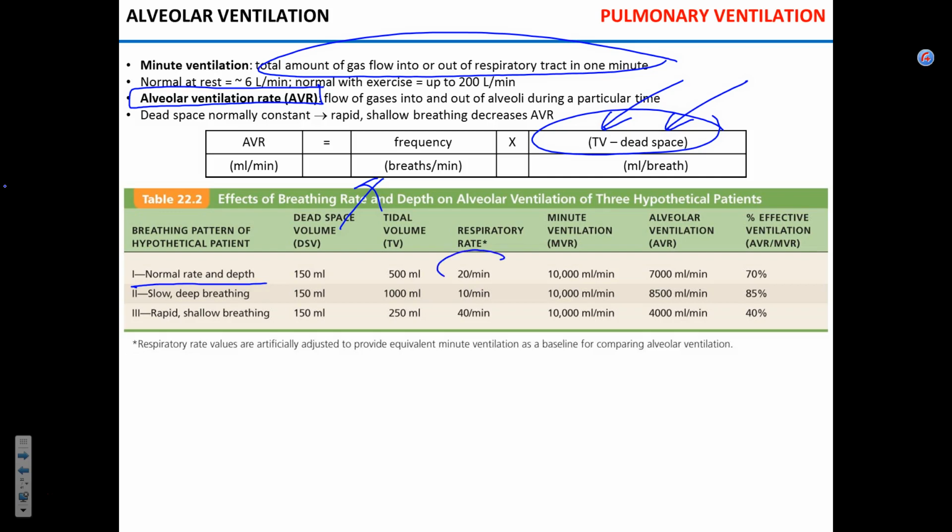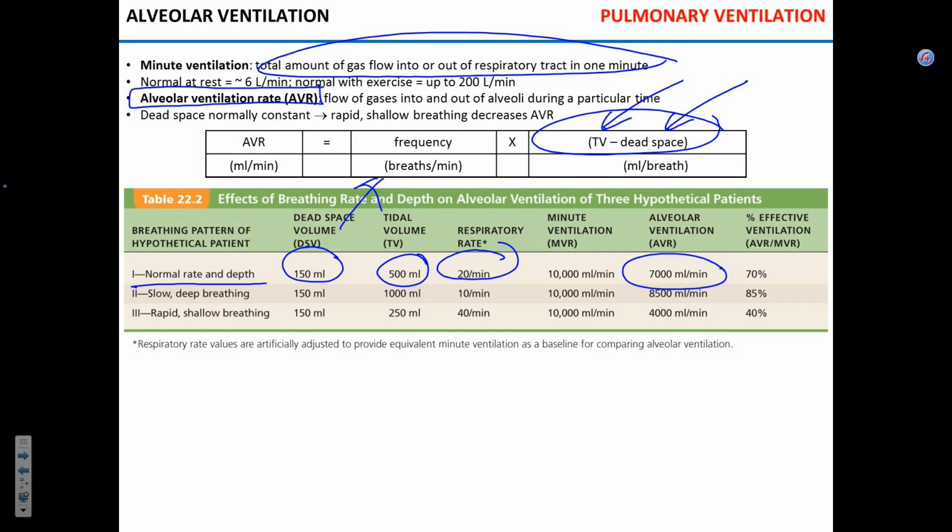So the rate is 20 breaths per minute. Tidal volume is 500. Dead space is 150. So how much air reaches the alveoli with each breath? 350. You multiply it by 20, the alveolar ventilation rate is going to be 7 liters. Does that make sense?